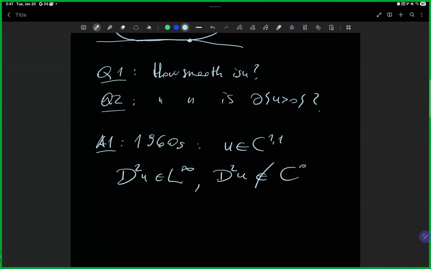So the function u has bounded Hessian at almost every point, uniformly bounded. But the Hessian is not continuous, which is normal because the Laplacian is not continuous. The Laplacian of u is not C0 because it takes values 0 and 1, it jumps. So the Hessian of u is not continuous either. That's the best you can hope for. And so the regularity of u is C^{1,1}, and that's well known since now 60 years.